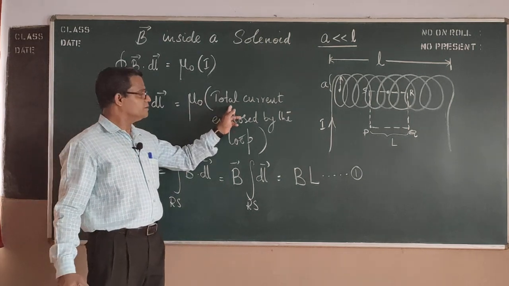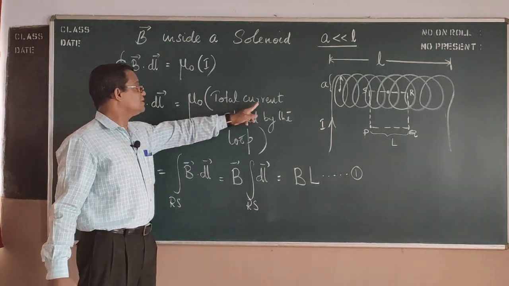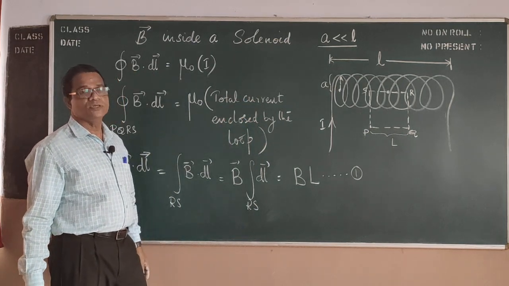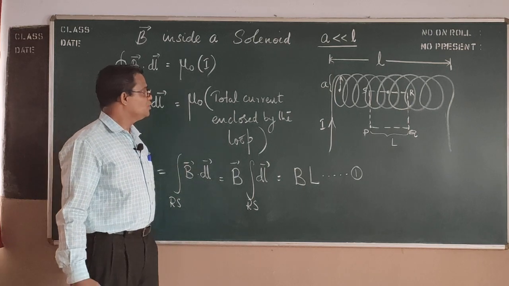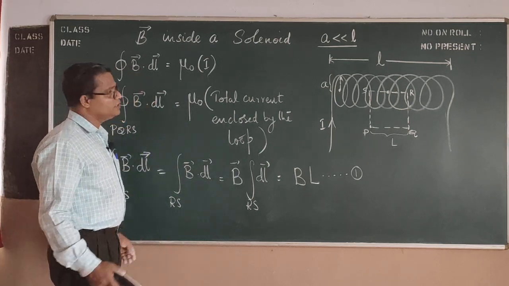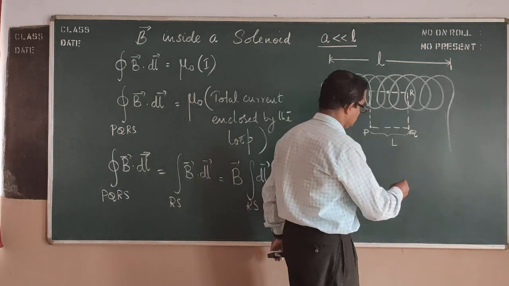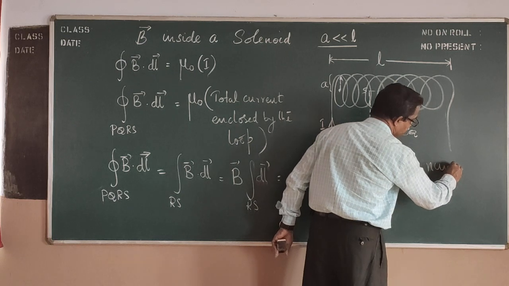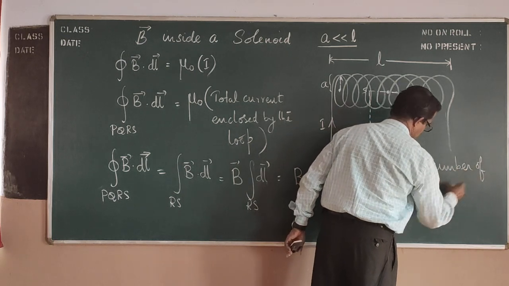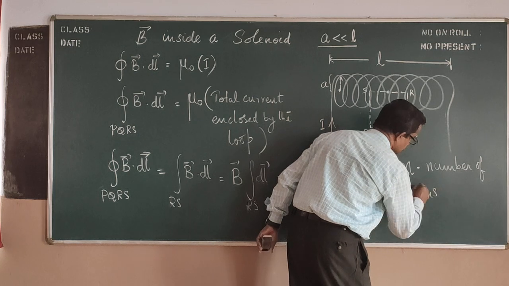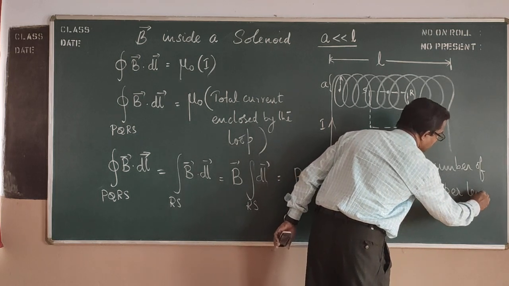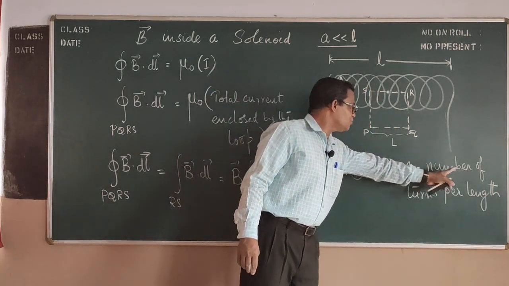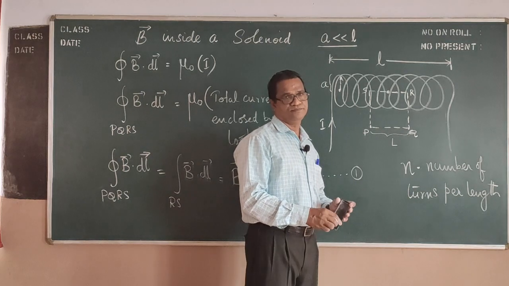Now the right hand side: mu 0 is a constant, but what about the total current enclosed by the loop? For finding that, we have to introduce a new quantity. Let n be the number of turns per length. I am introducing a new term called number of turns per length, let it be n.